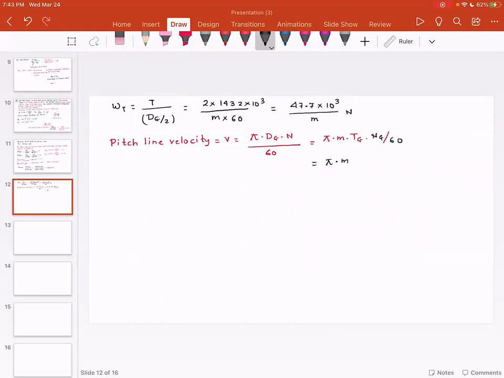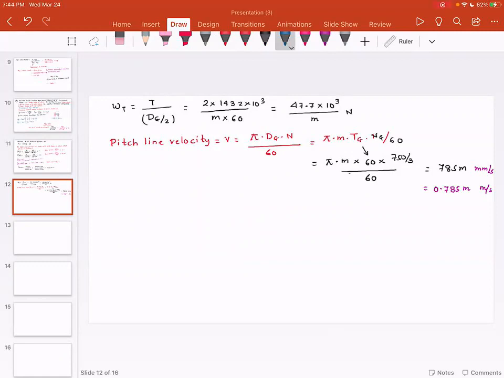That is pi times m times 60, which is the number of teeth, multiplied by 750 divided by 3, divided by 60. That gives me 785 m millimeters per second. So this will become 0.785 m meters per second.